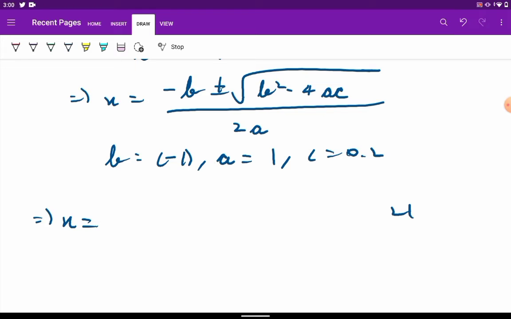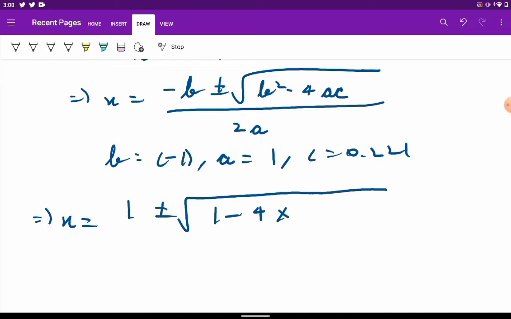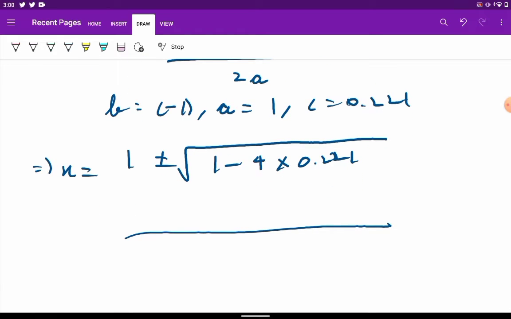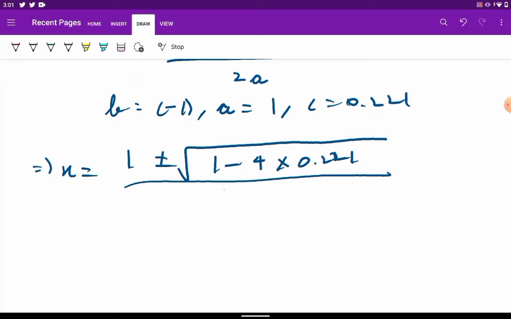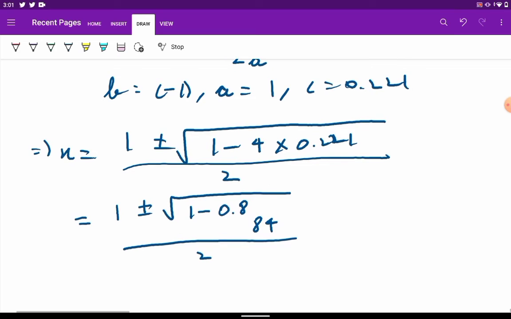this means x is equal to minus b is 1, plus minus root over b square is also 1, minus 4 times ac is 0.221, right, divided by 2a is just 2, right? Okay, this becomes 1 plus minus root over 1 minus 0.884, right?